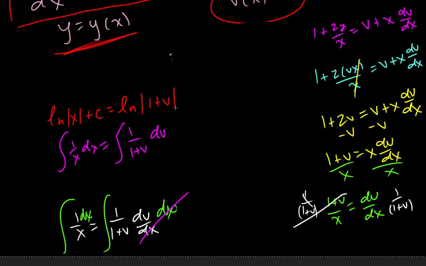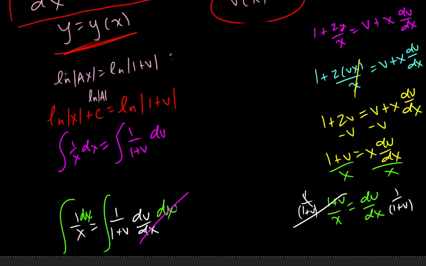Now, let's combine these. So we could think of c as maybe natural log of a different constant, and then we could combine those and say natural log of ax equals natural log of 1 plus v.